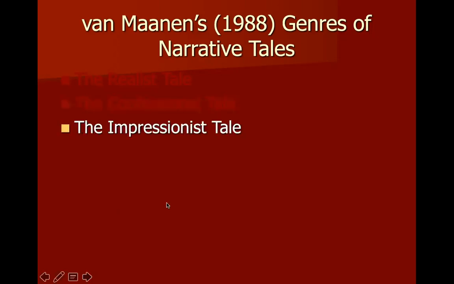And then the last is called the impressionist tale. These are typically written as a whole book, where you are reading about what the researcher went through, and it's like you're reading an adventure novel. An example of that is a book called Between Gay and Straight.